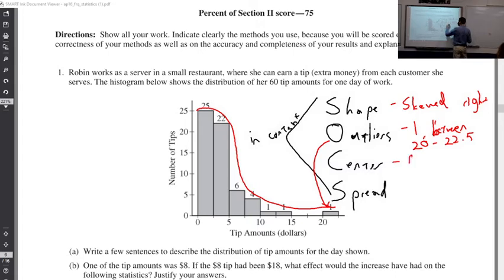Center, the median. Since this is a histogram, we have 60 tip amounts, so the median is around the 30th value, which is somewhere in here. So somewhere in between 2.25 and 5.